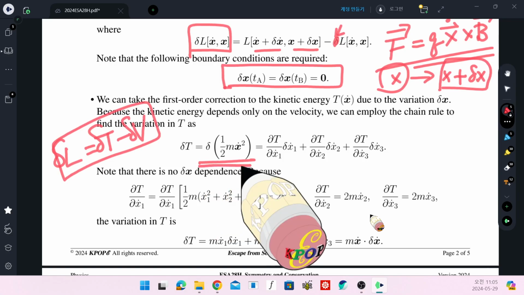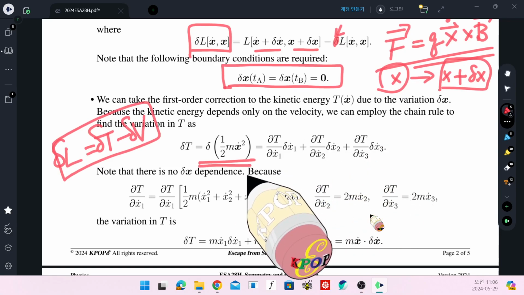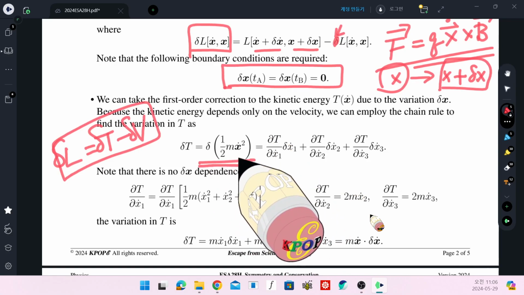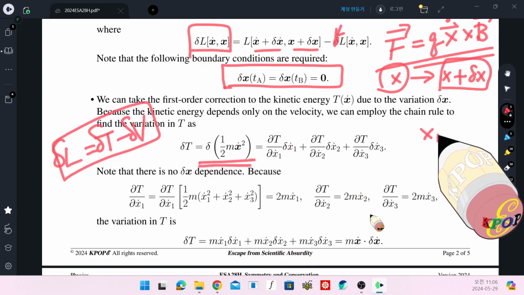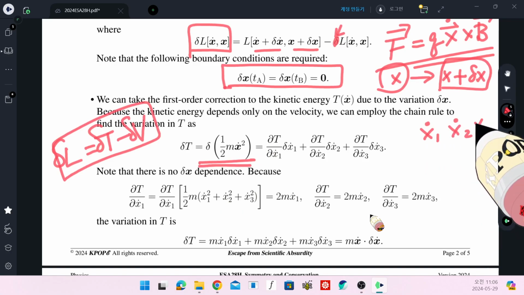We again can make use of Leibniz rule to find out the variation, but in a simpler manner, the purely mathematical way, we can make use of the fact it is depending on the velocity along the Cartesian components x1 dot, x2 dot, and x3 dot.